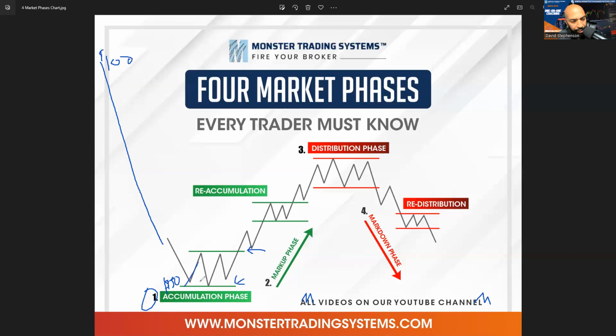Understand what's happening in the accumulation phase. The reason why it's called the accumulation phase is that this is where big hedge funds and big institutions are buying. When the price falls, they are accumulating shares, blocks of shares.